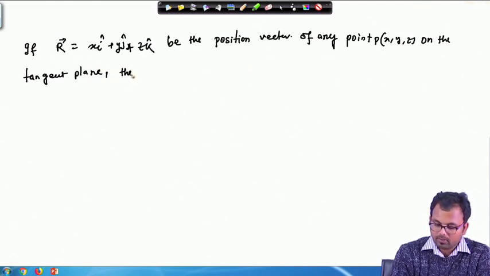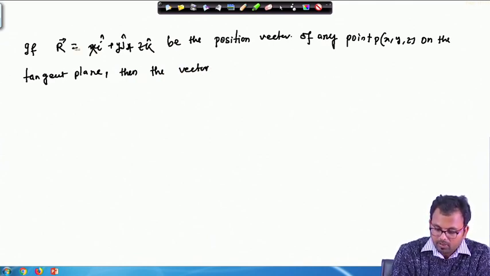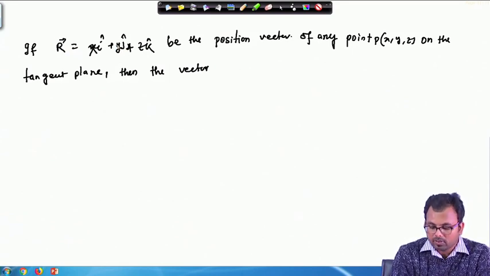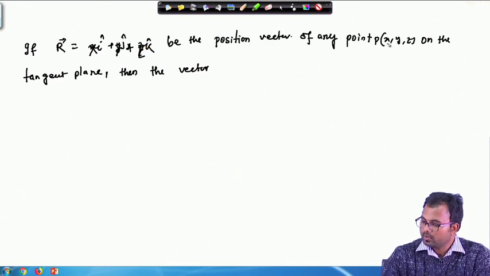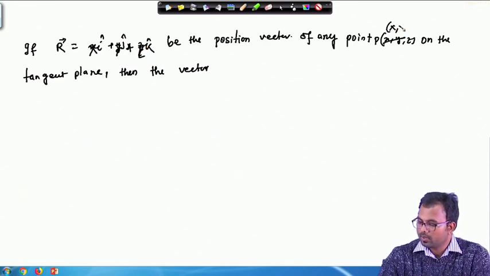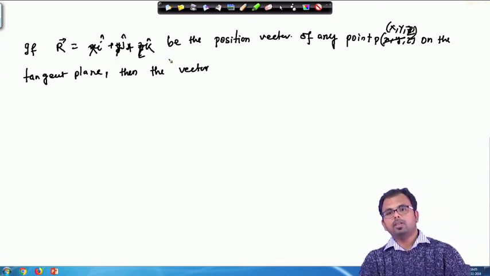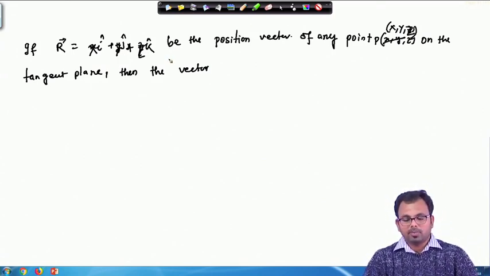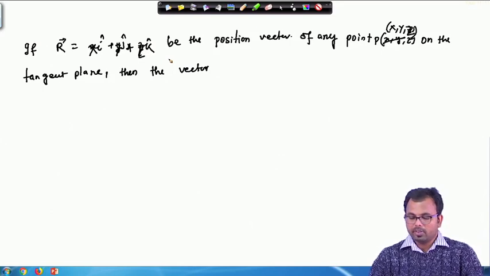Then the vector, let me write it as capital R. So, since we are using capital R, I will use capital X i, capital Y j and capital Z k. Sorry, I did not pay attention here. Since I am using capital R, it is better to use capital X, capital Y, capital Z.